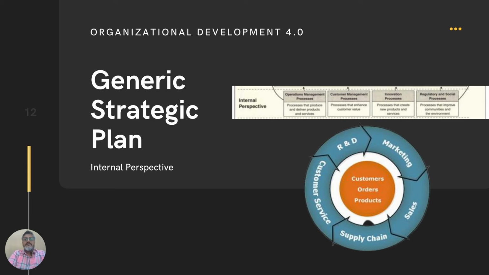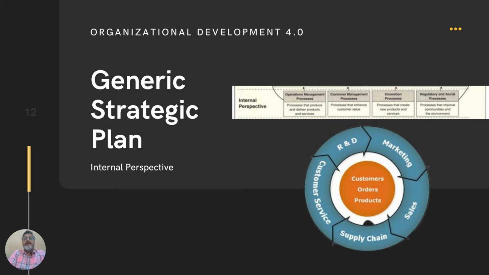These are the processes that produce and deliver products and services: supply, production, distribution, risk management. The second category is customer management processes, wherein we have processes that enhance customer value, for example, selection, acquisition, retention, growth.